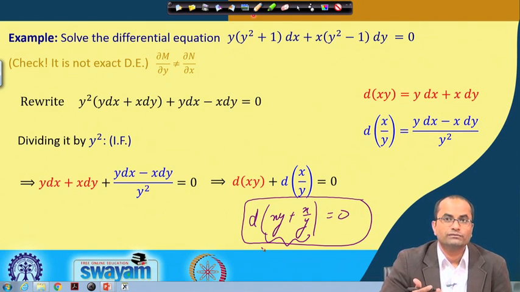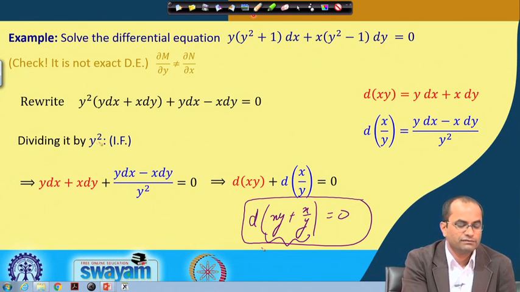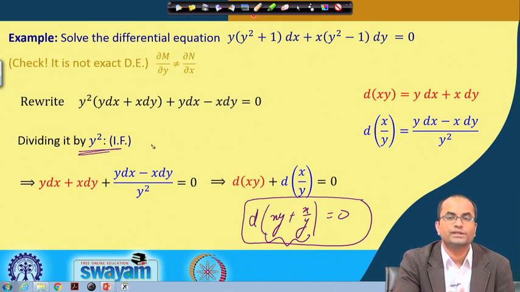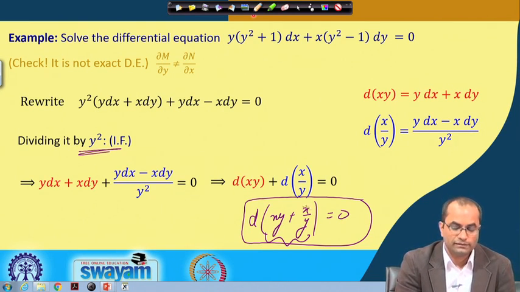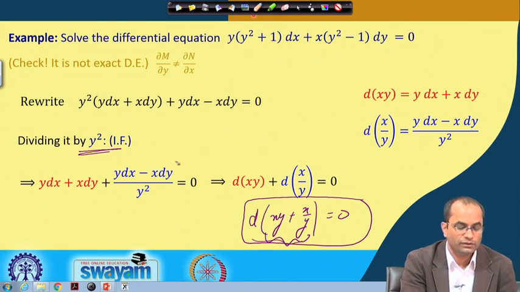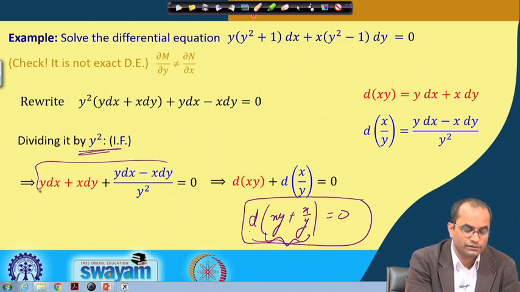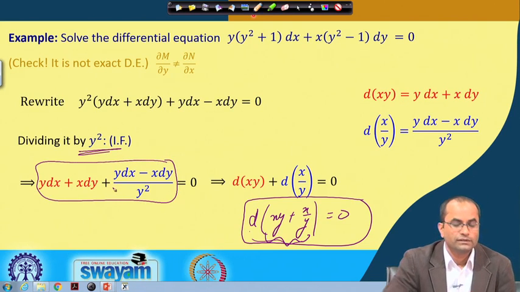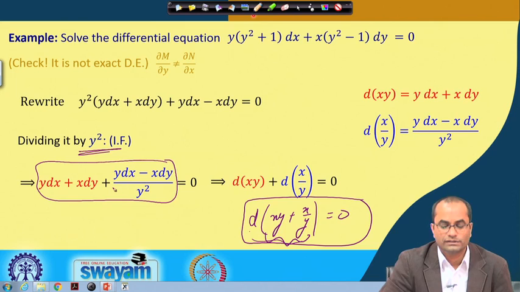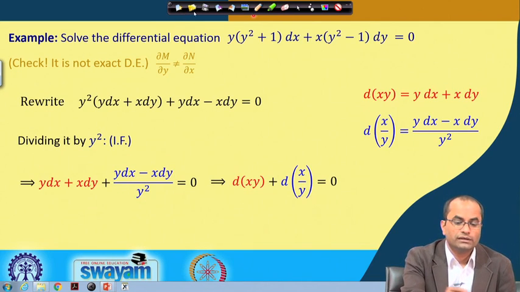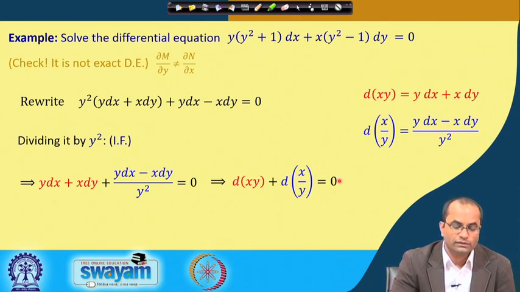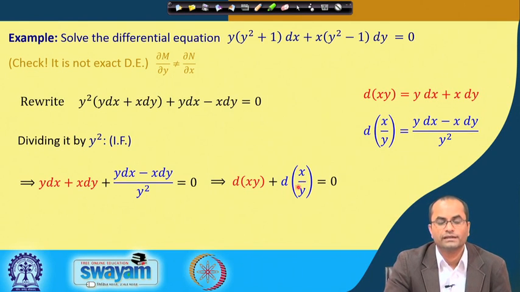Though the equation was not exact, by just dividing by y squared, the equation becomes exact, and its differential is the differential of xy plus x over y. With this we can write down the solution as well, because we have the function f directly here. So, f equal to a constant will be the solution.